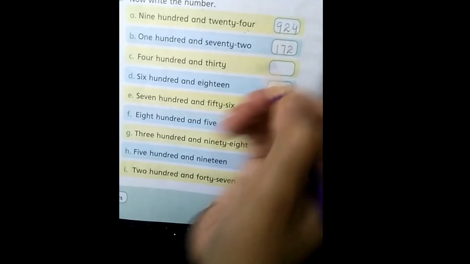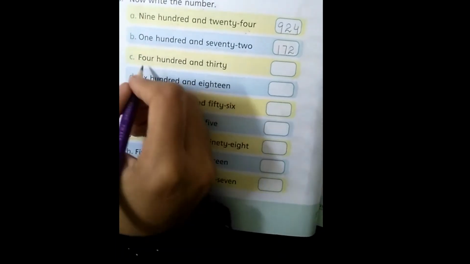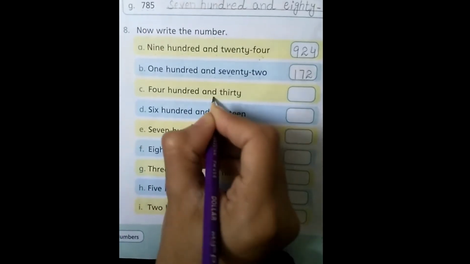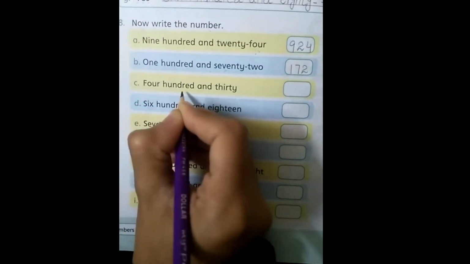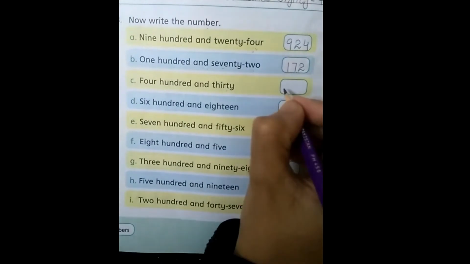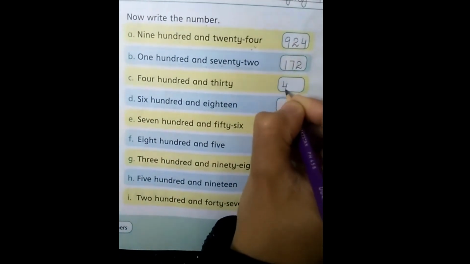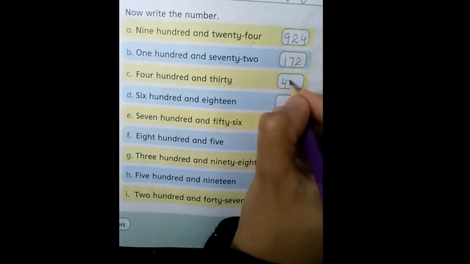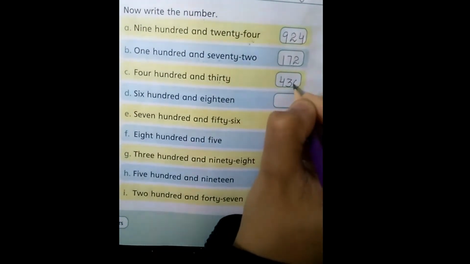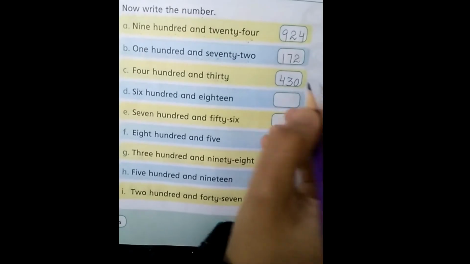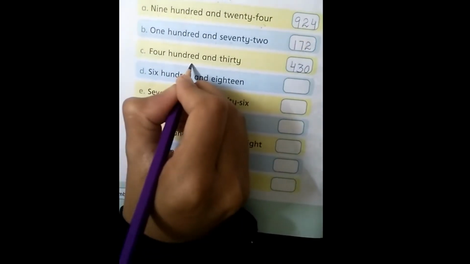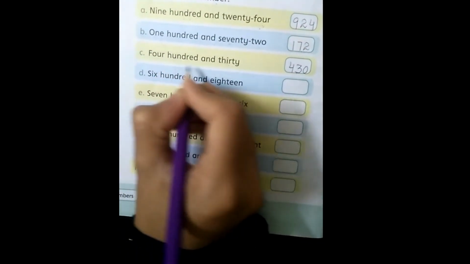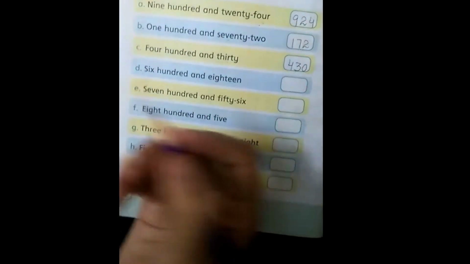172. Next C is 430. 30. This is a number and this is a number name. 430.